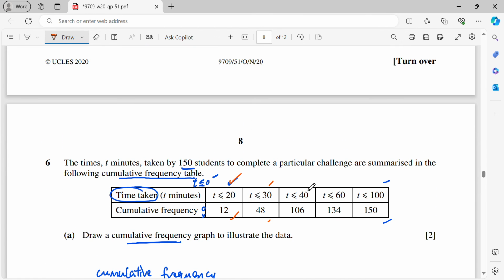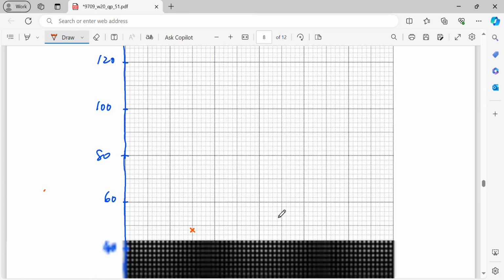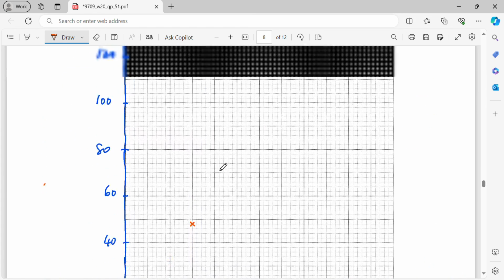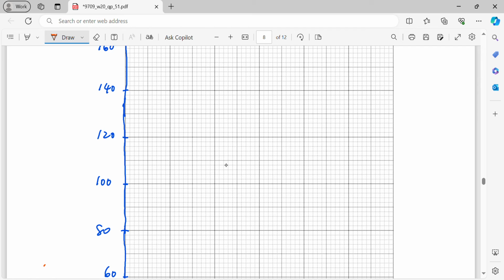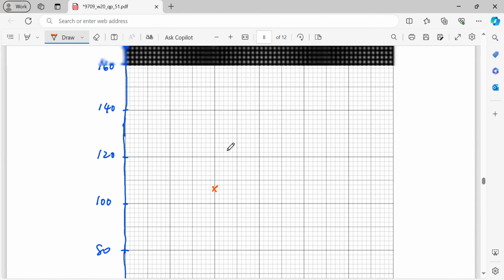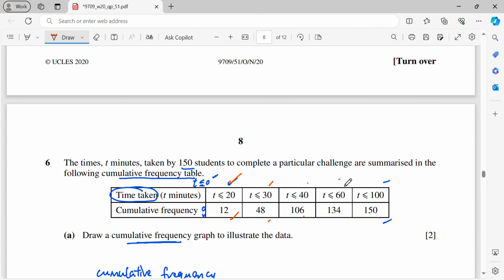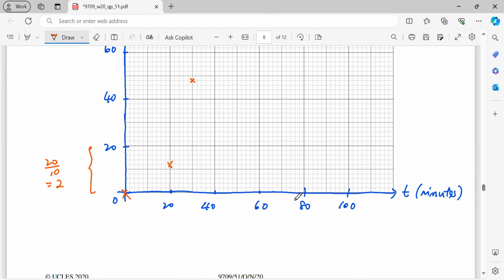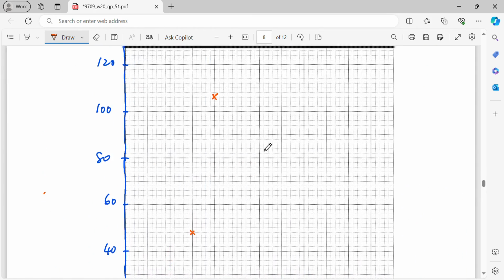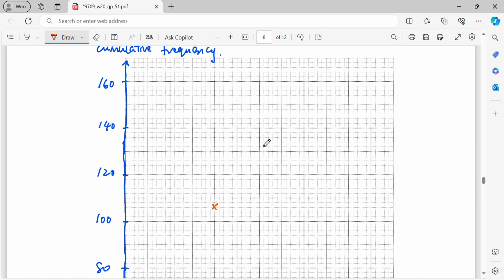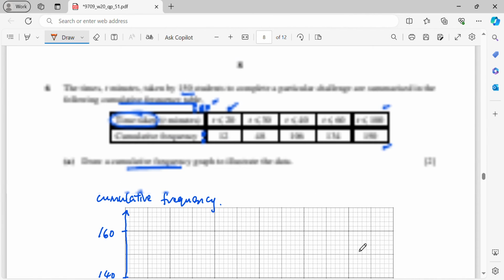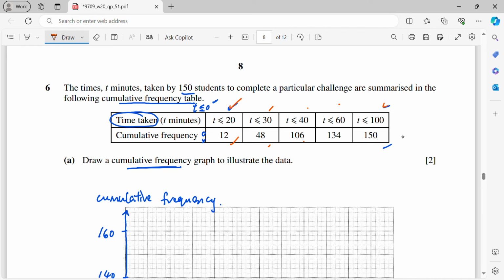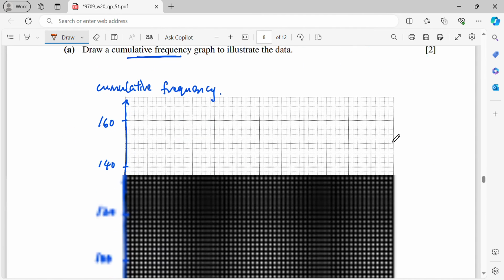Then after that, 40, 106. So 40, 106. Then after that, 60, 134. So 60, 134. Lastly, 100, 150.